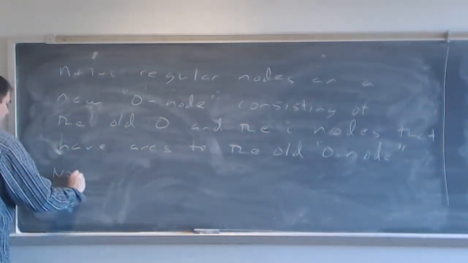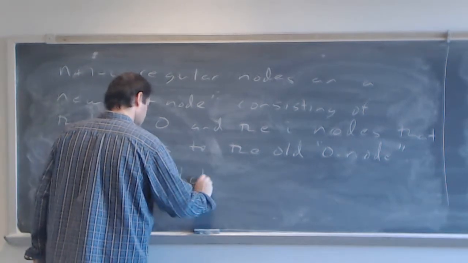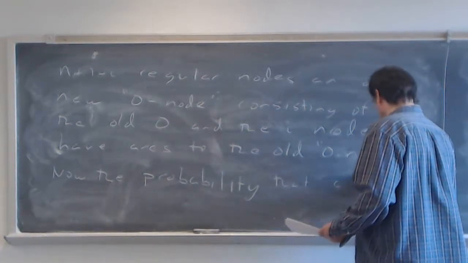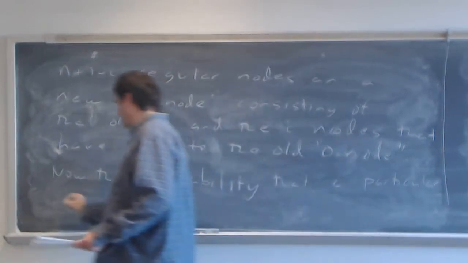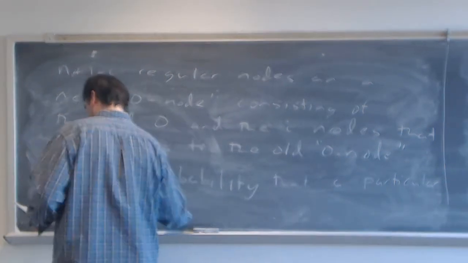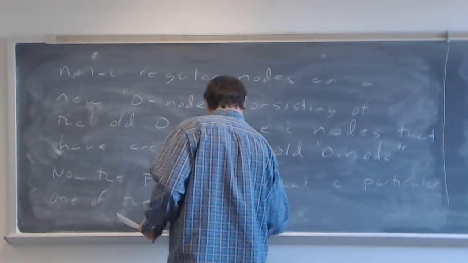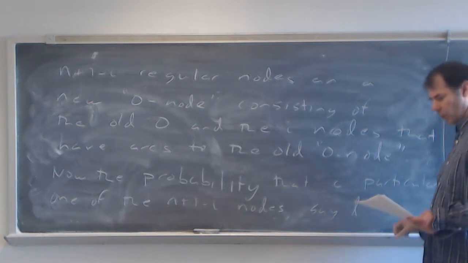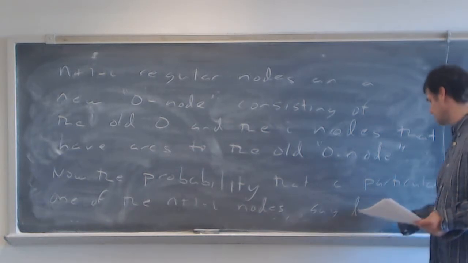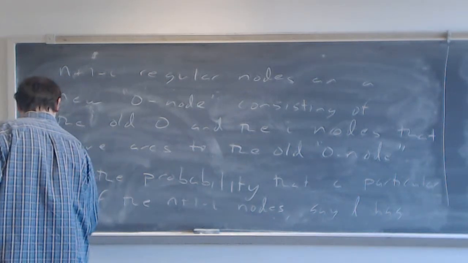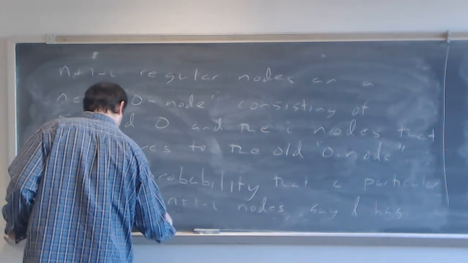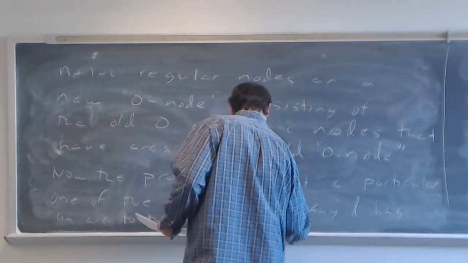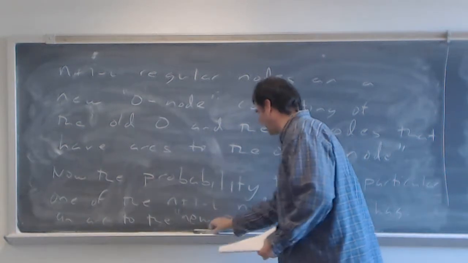Now, the probability that a particular one of the n plus 1 minus I nodes, say L, has an arc to the new zero node is, all right, before I move there, here's what we know.